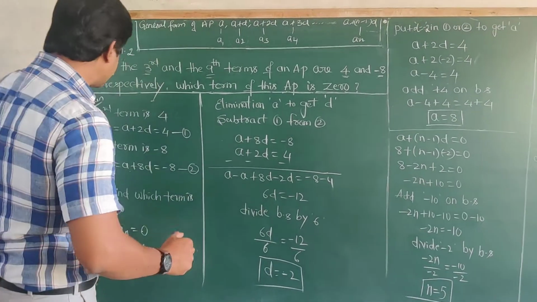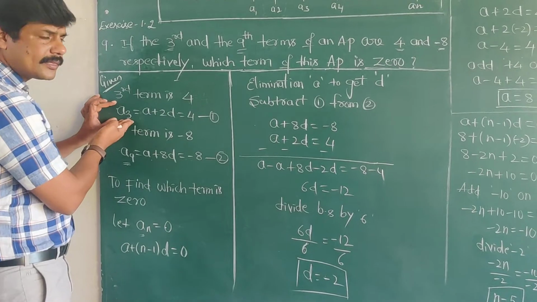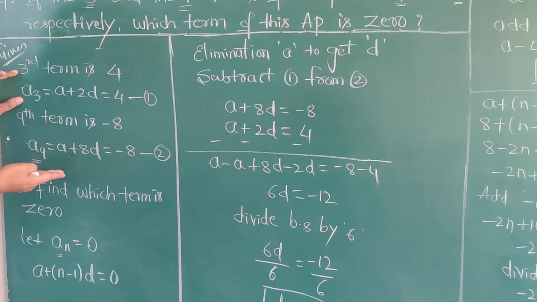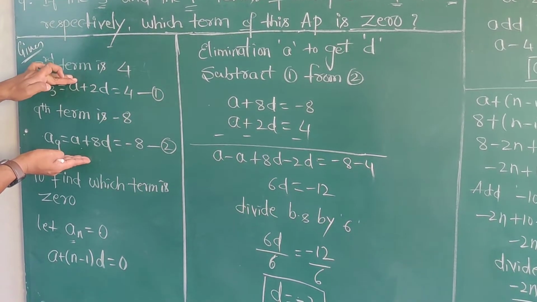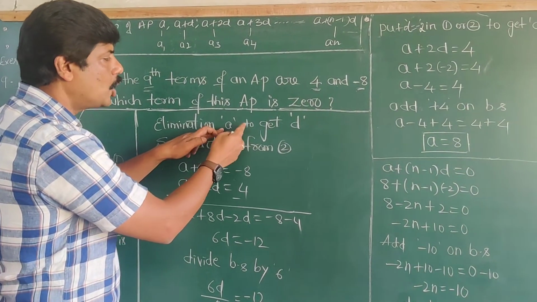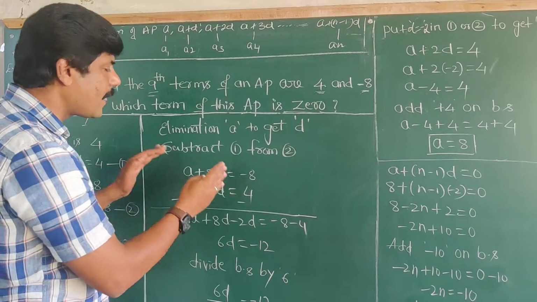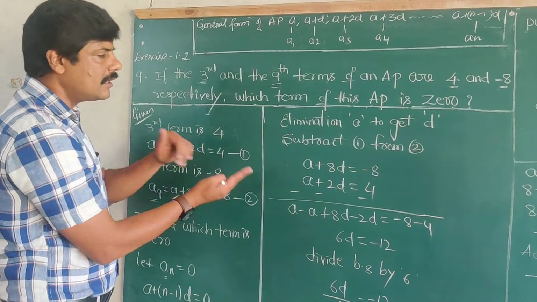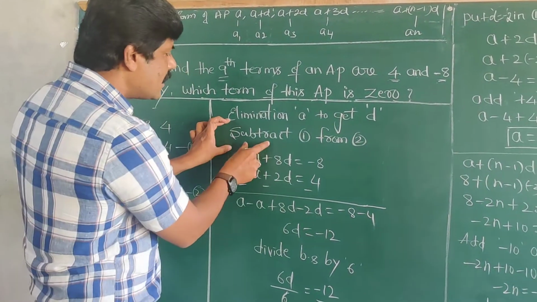Understand, children? Now see, what is given? The third term and 9th term are given. As usual, we are eliminating a to get the value of d, by the simultaneous linear equation elimination method.